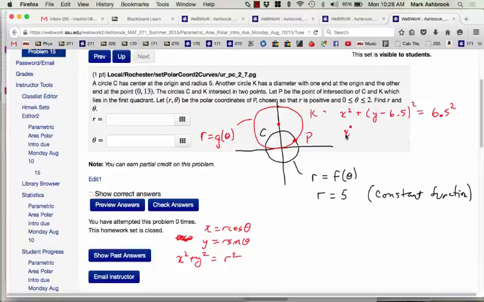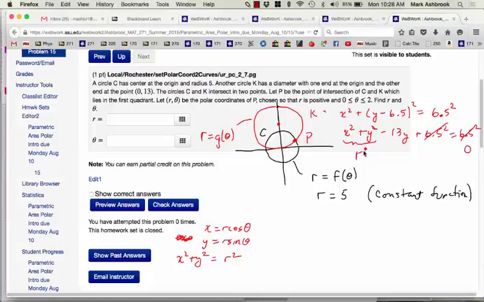So this is x squared plus y squared minus 13y plus 6.5 squared equals 6.5 squared. Multiply it out. These go away. So you have 0. And x squared plus y squared is r squared.